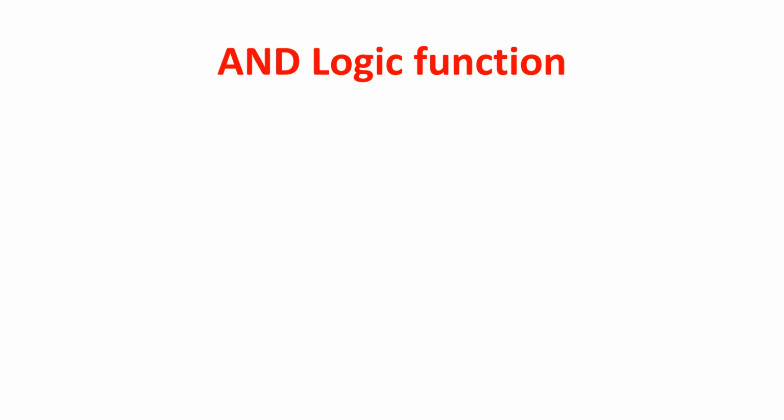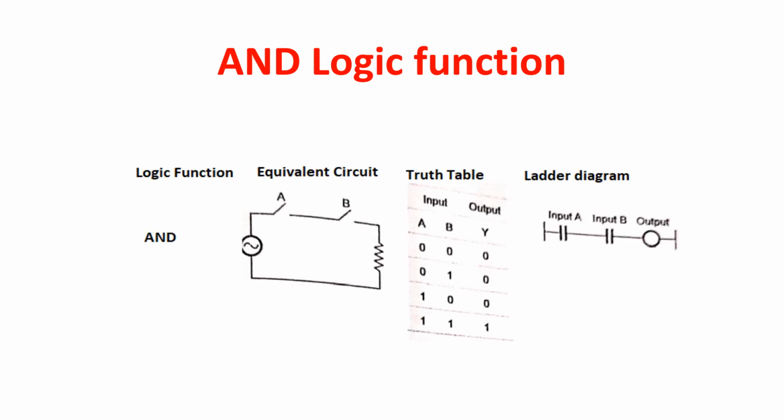The AND logic function we will discuss. Here is a representation of the AND logic function, its equivalent circuit, truth table, and the corresponding ladder diagram. In this AND logic function, we considered two inputs, input A and input B. If the two inputs are normally open, the output is 0.